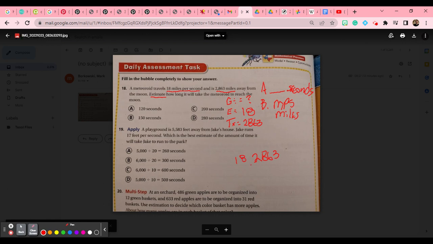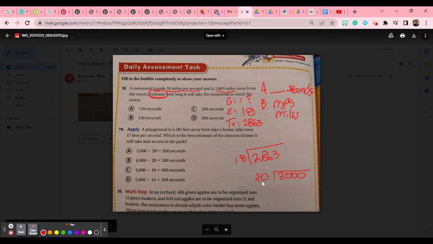But what we need to remember is they said estimate. Okay, so we're going to change these numbers. The 18 is going to become 20 because we would round 18 up to 20. And the 2,863, we're going to round that up to 3,000 because 2,800 is closer to 3,000 than it is to 2,500.